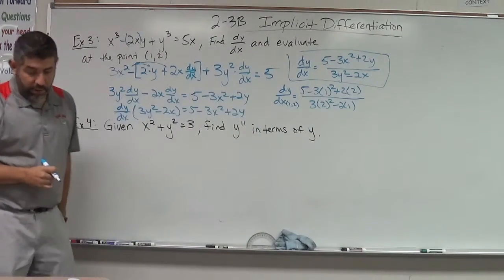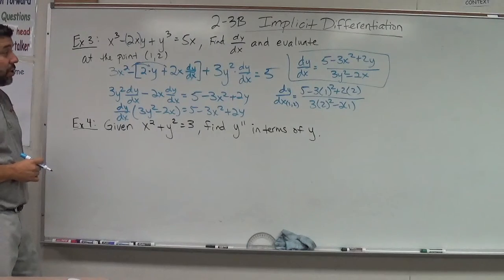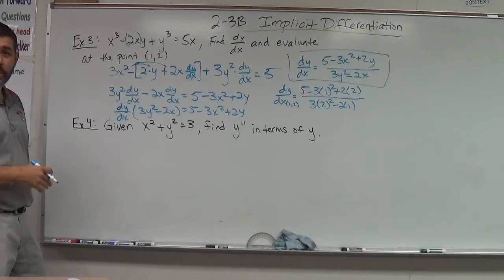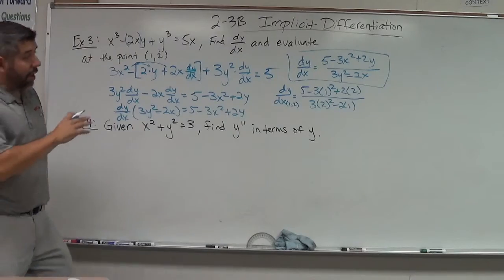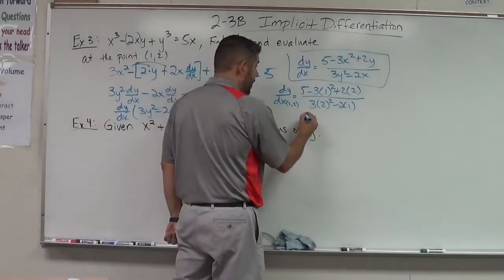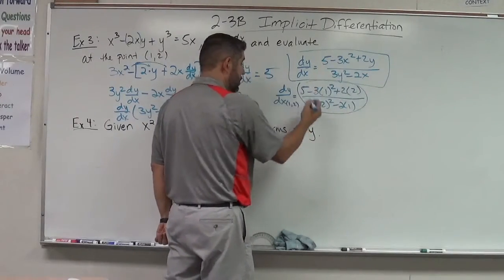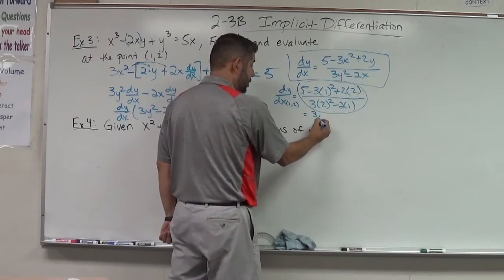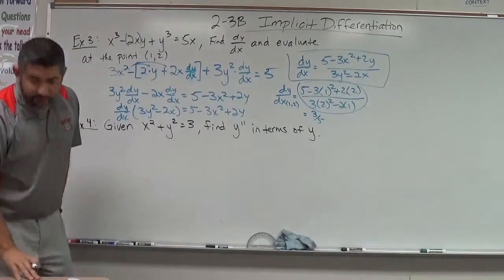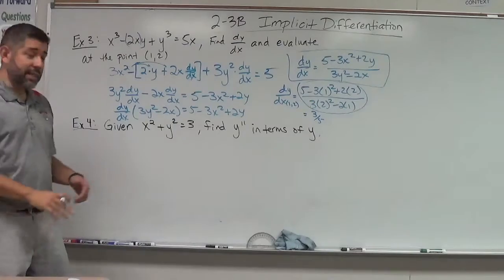And that is our answer. If you want to leave it like that, because I plugged in my thing. But if you want to simplify it out, I'm okay with this in my class. But if you want to simplify it out, I do believe this comes out to be 3/5 if I did my math right. Okay, all right, so next problem.